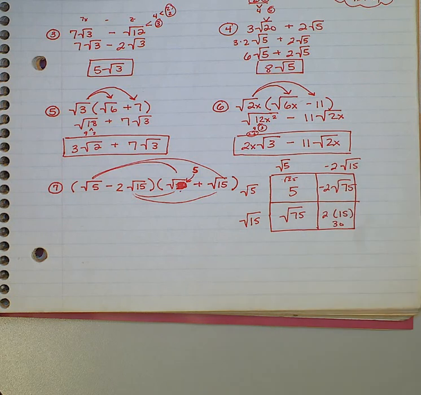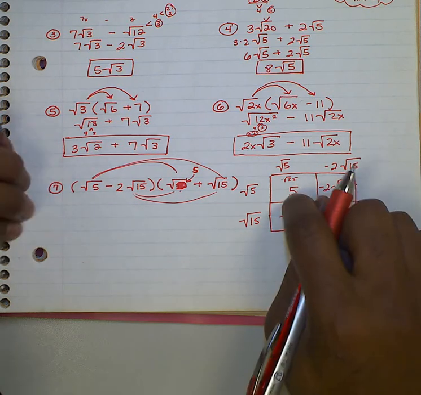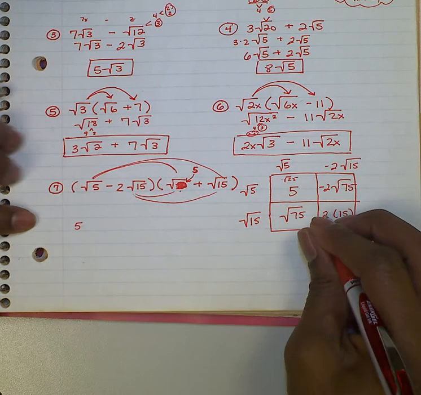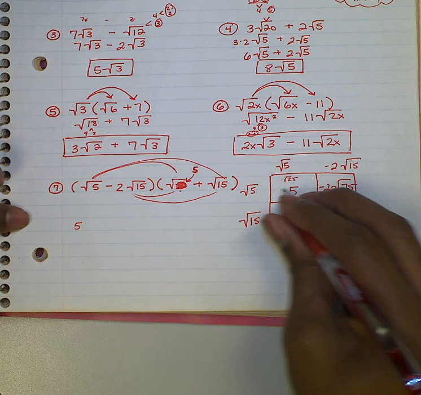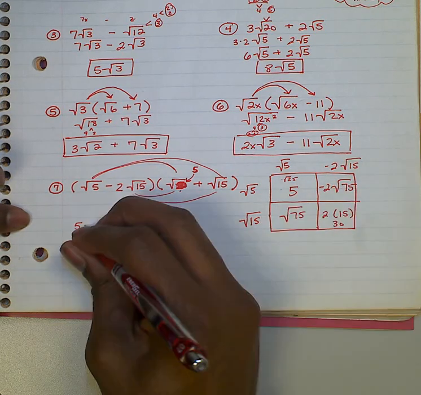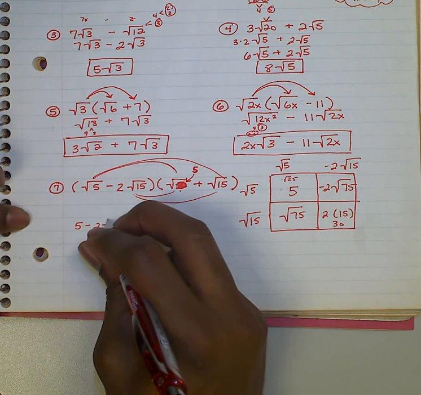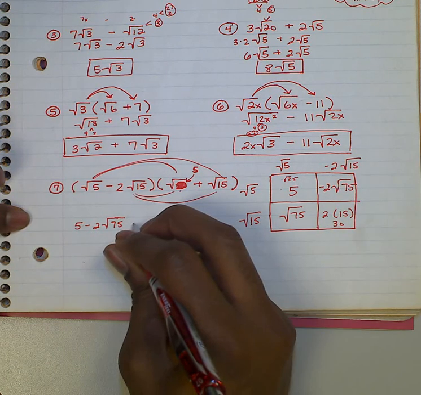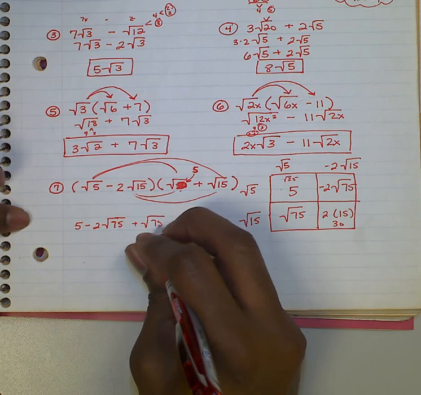Okay. Alright, and now I can try to put together like terms just like we had before. So I'm just going to write them all out actually. I have 5 from this box. I have negative 2 radical 75 and radical 75 and 30.